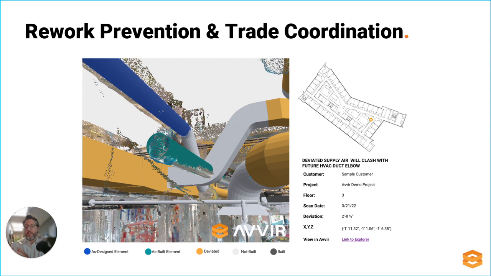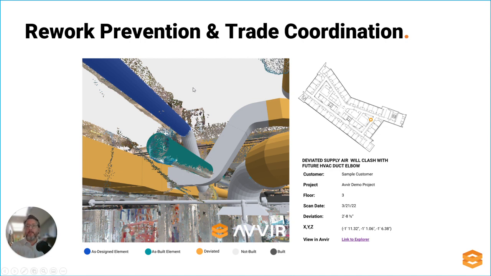The proposition that LiDAR scanning would get more ubiquitous and cheaper as it proliferated across construction, and that the analysis of, say, coordinated models would become more accurate and reliable as the scanning proliferated and the scanners became quicker, cheaper, etc. And all of that is happening.